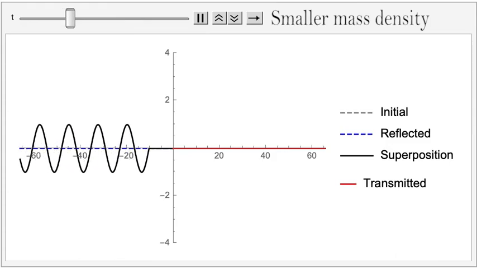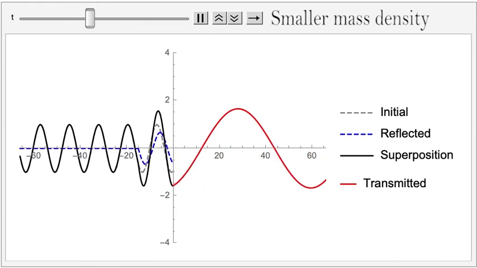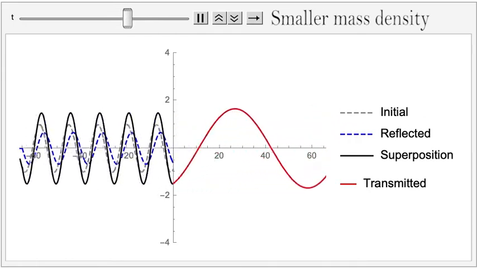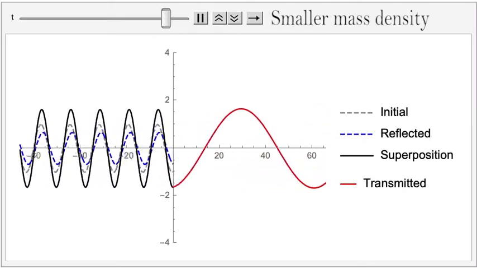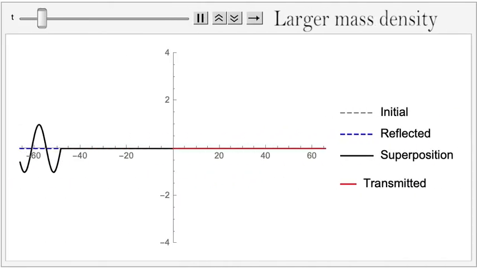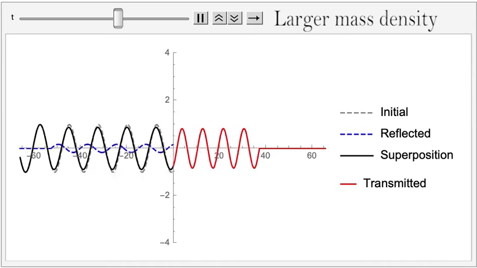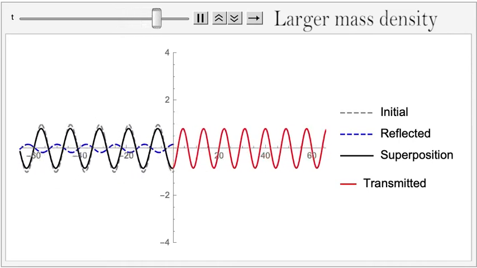The next animation shows a string with a smaller mass density. As we can see from the animation, the reflected wave has a smaller amplitude compared to the initial incident wave. Moving on to the next animation, where the second string has a larger mass density compared to the first one, the reflected wave has a very small amplitude compared to the initial.